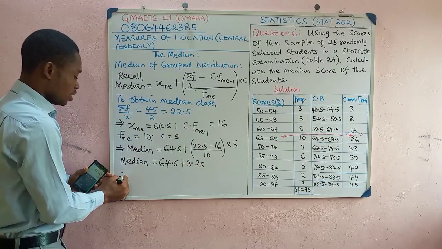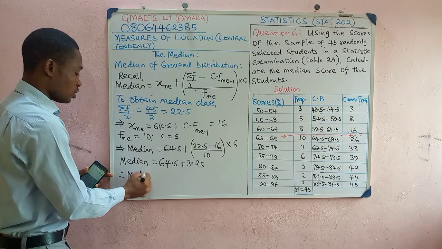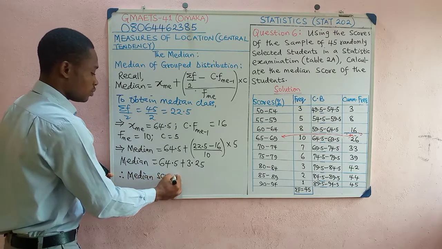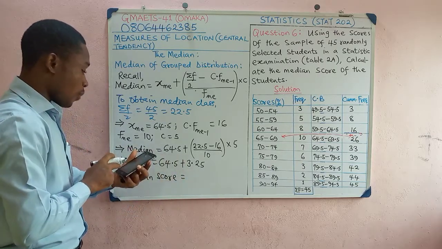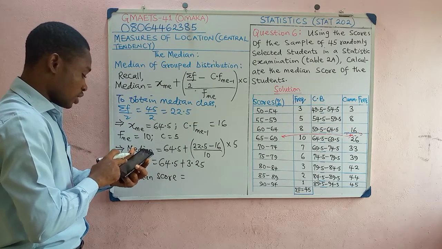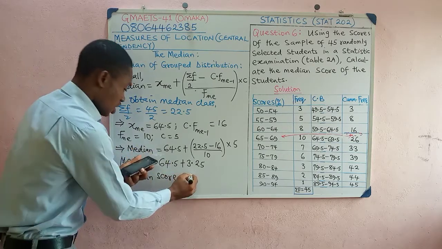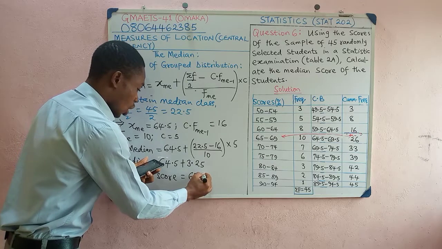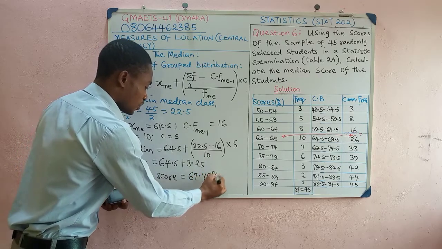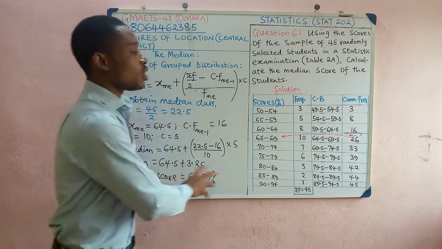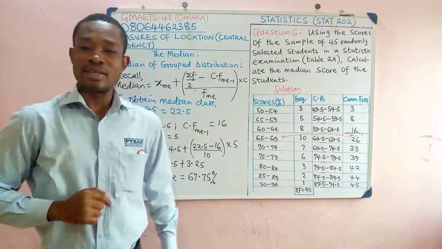In conclusion, the median score for this student in this statistics examination, if we add this 3.25 plus 64.5, is giving me 67.75%. So this is the median score of the student in this statistics exam.